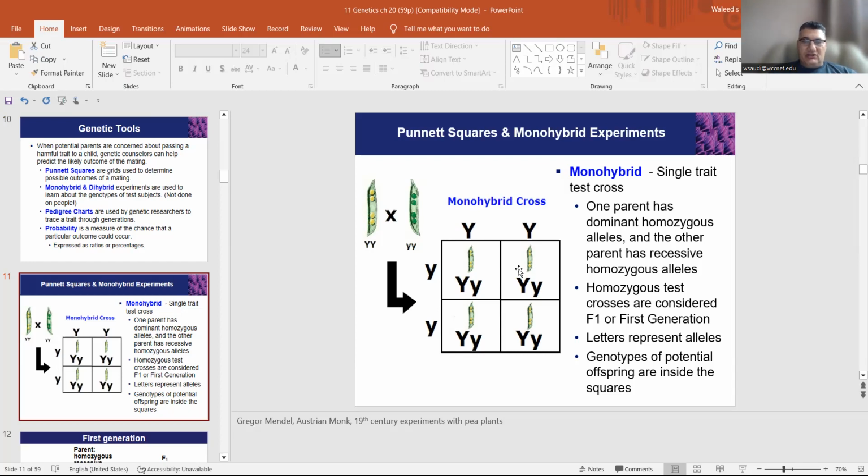Yeah, we can tell the first generation. This is yellow, and we know that it's homozygous dominant, uppercase Y, which is this one here. And the other one, which is green, lowercase. So what are the chances?